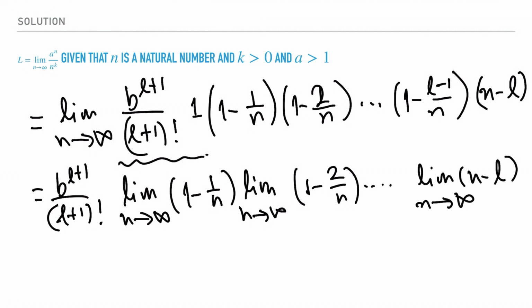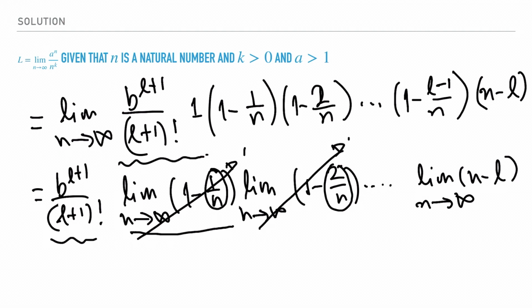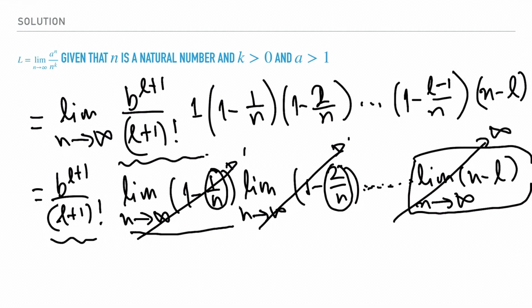This is a very convenient form because here we have a constant, and here we know that this limit actually goes to 1, because the limit of this bit is 0, and the same is true here. So this is just 1, 1, and all the limits in between are 1, and we only have the last bit as a divergent limit, and this is infinity. So we have a constant times 1, 1, 1, 1, and there are L terms that are 1.